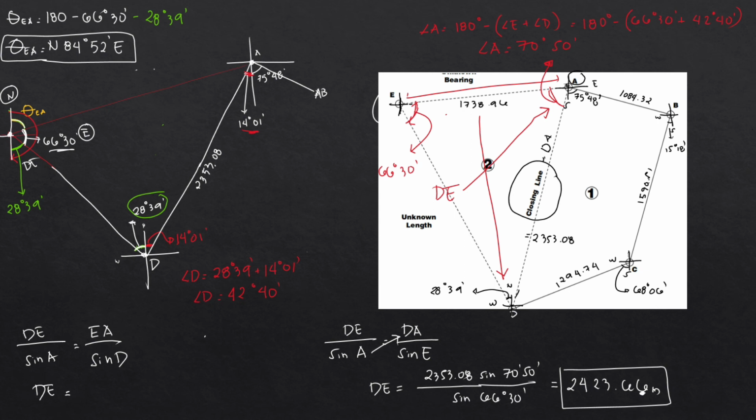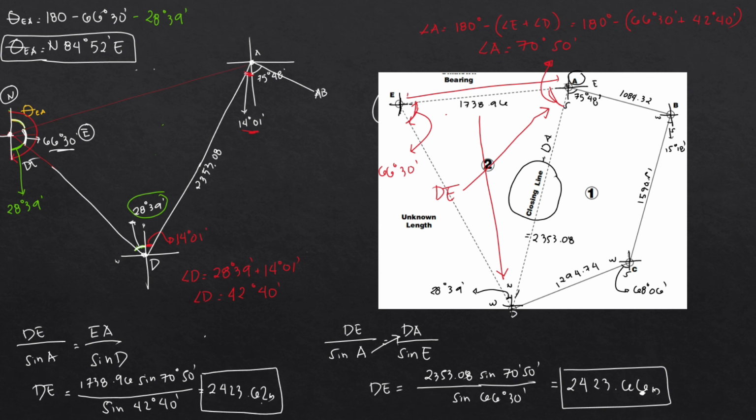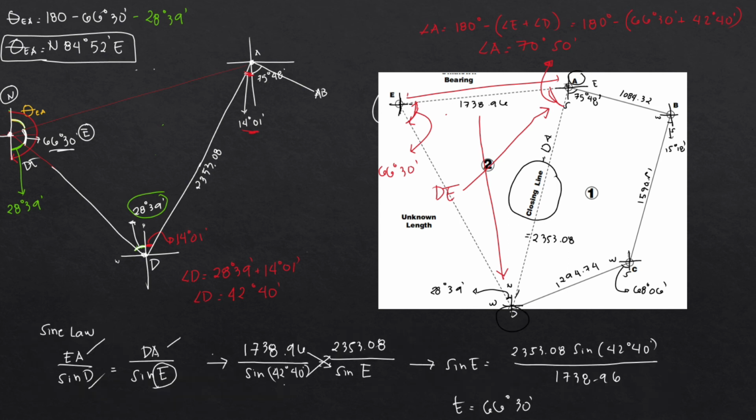So, DE is equal to 1738.96 yung EA natin, sine 70 degree 50 minutes over sine D natin is 42 degree 40 minutes is equal to 2,423.62 meters. Ito siya. So, ang difference lang nila is yung nandito sa decimals. Okay lang yan. Ayan. Okay. So, ganun yung pagkuha ng pagdating sa type 2 ng omitted datas or measurement.